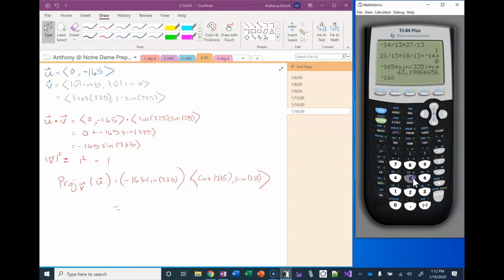And then when I do negative 165 sine of 335 times the other component, the y component, which is sine 335, I get negative 29 point yada yada yada.